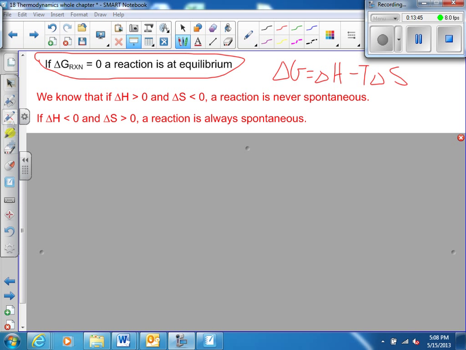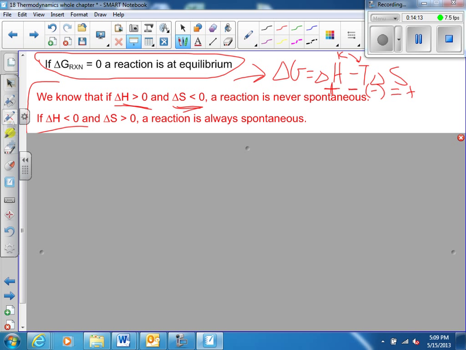Okay, looking at this equation right here lets us know these two things. If delta H is greater than 0, a positive number, and delta S is less than 0, T is always positive, we're going to ignore T, because we're doing this in Kelvin. This temperature has to be in Kelvin. So delta H is positive, delta S is negative, so we're subtracting a negative number.